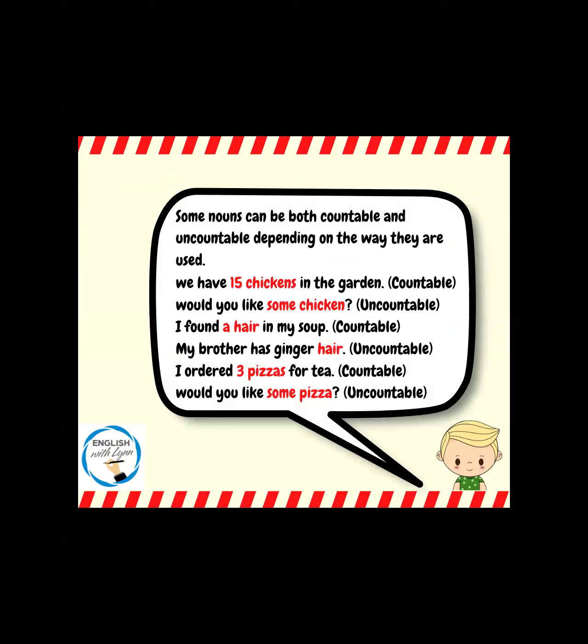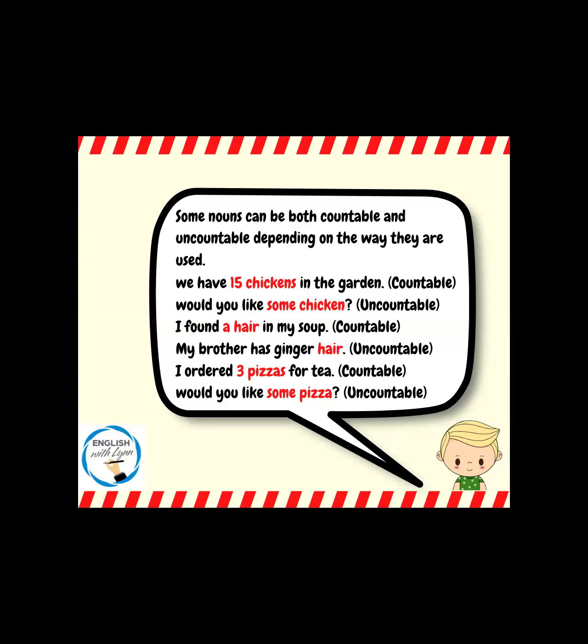So I might talk about having chickens in the garden, and I could have a number of chickens. So I've got 4 chickens, I've got 6 chickens in the garden. But if you are asking someone would you like some chicken for dinner, you're not using the number, so it makes it uncountable there.